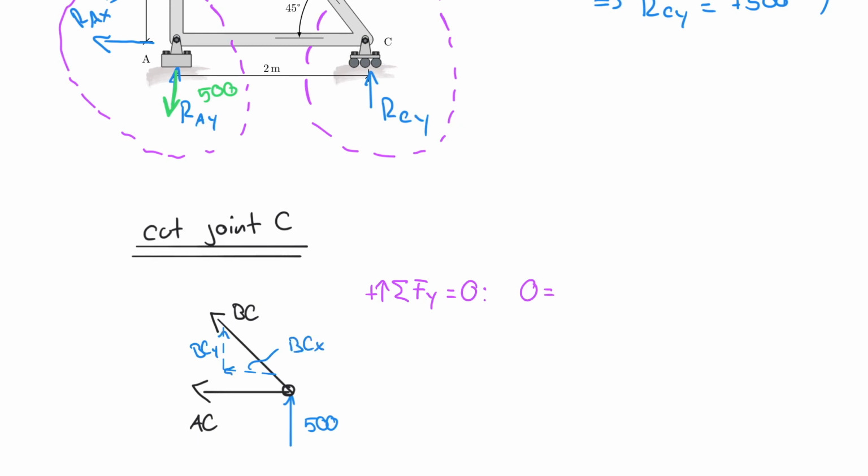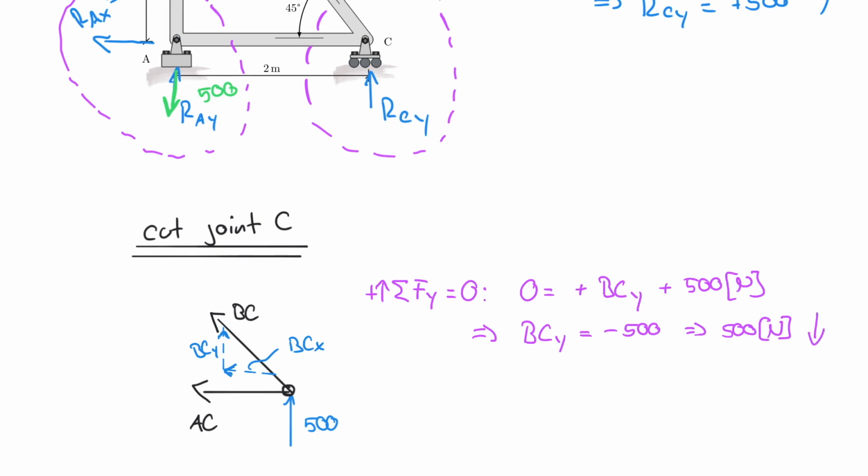Currently they both point in this direction, but we will soon learn that this is incorrect. So 0 is equal to plus BCY plus 500 Newton. If I rearrange this equation, BCY is equal to negative 500. And really what that means is that we have 500 Newton going downwards.